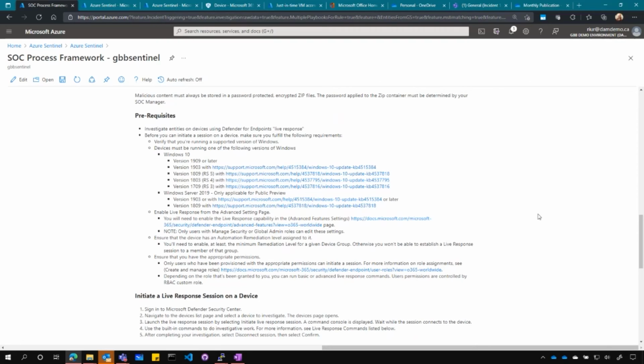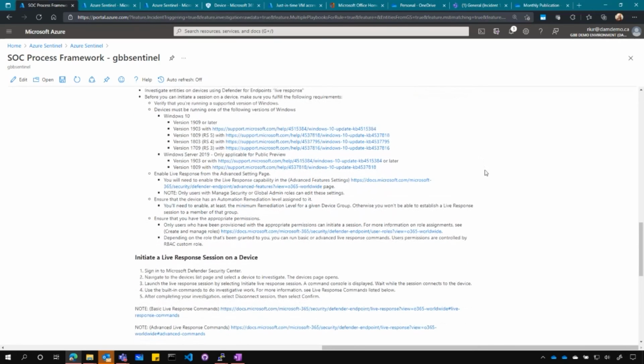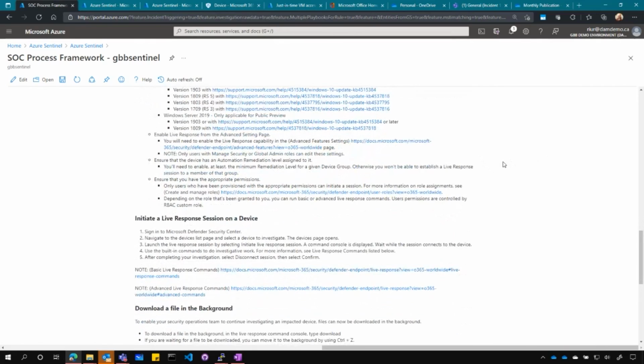But this really calls out both the prerequisites on what to consider before running a supported version of live response on a supported OS, as well as how to initiate that live response session for that device. So we've thought through those pieces, giving you some additional information on how to pull these things together, what to consider, and then how to kick things off.